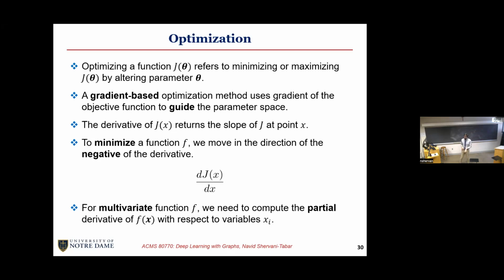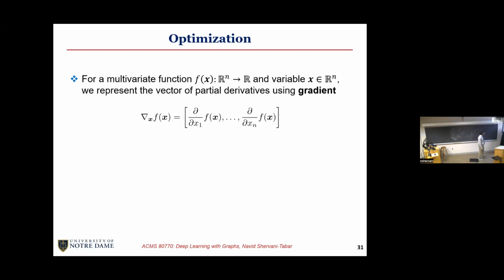So if we have a multivariate function, which has a larger number of parameters, we can use the same idea, but instead of the derivative, we say that it's the gradient that is helping us. Let's say that we have a function f. It gets some n-dimensional input x, and it returns some real value r.